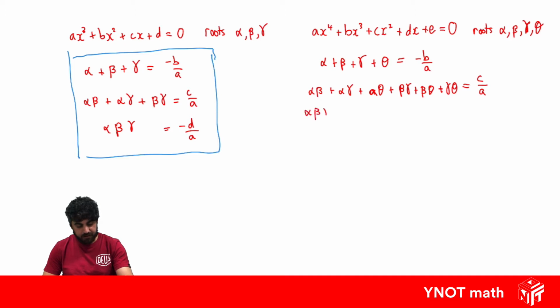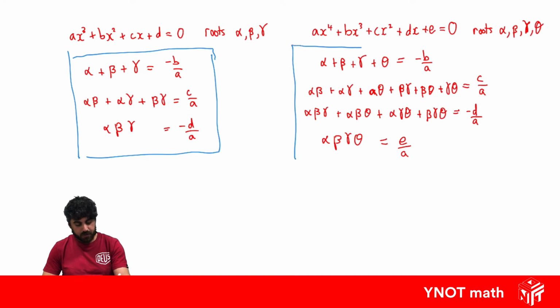Alpha beta gamma plus alpha beta theta plus alpha gamma theta plus beta gamma theta equals minus d over a. And alpha beta gamma theta equals e over a are all our results for our quartic equation.